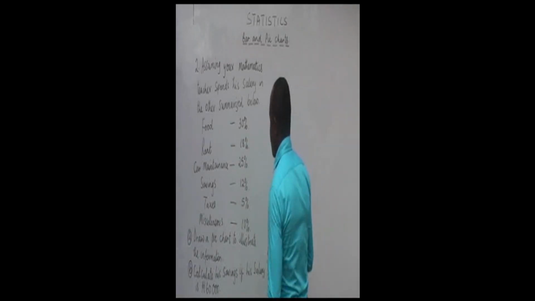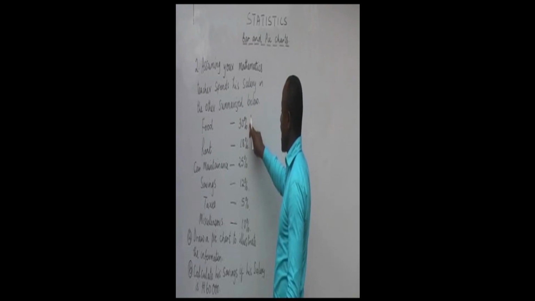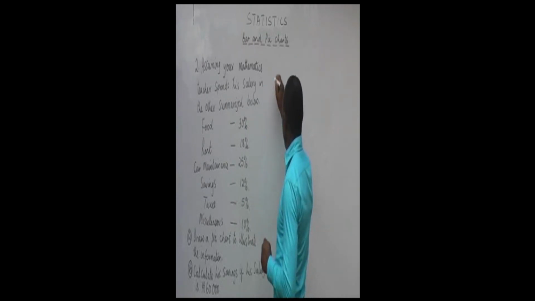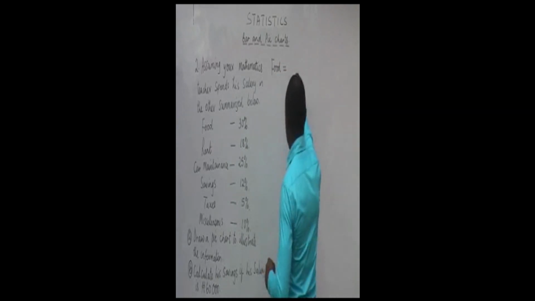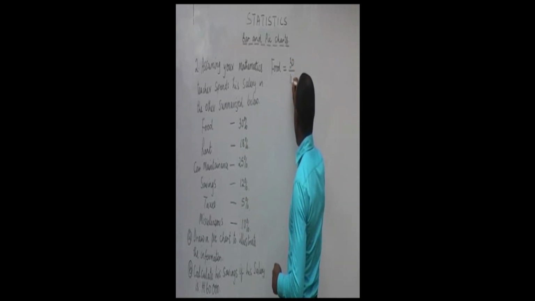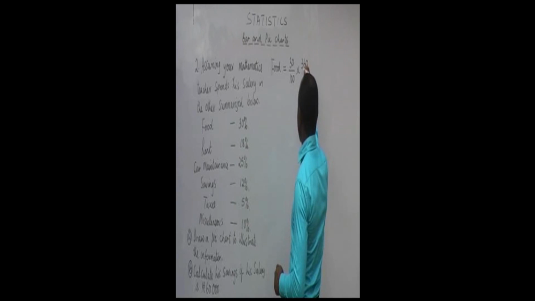Now let's convert 30% to angular equivalence. Food will be equal to 30% that is spent on food. That's 30 divided by 100, because it is a percent of 360, because we want to convert it to angle, all over 1.